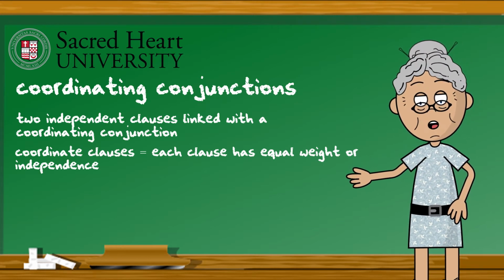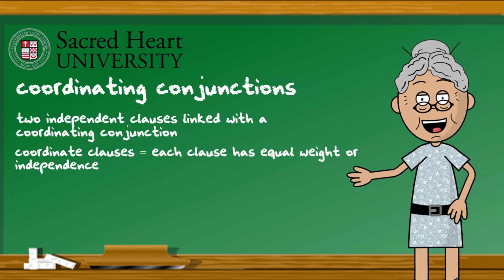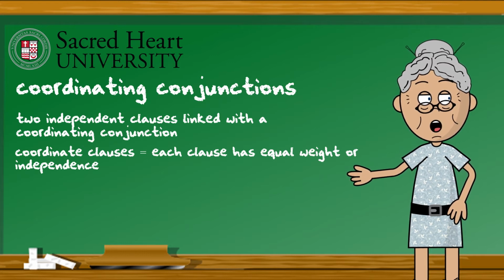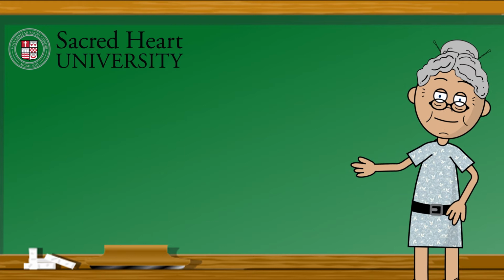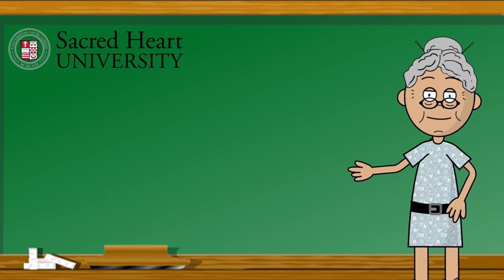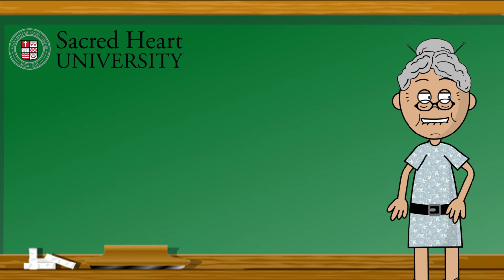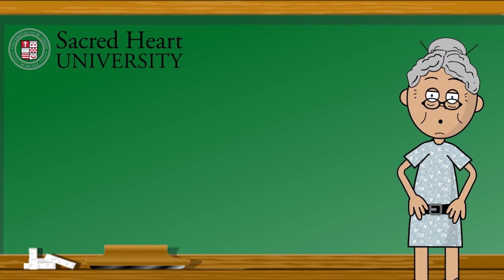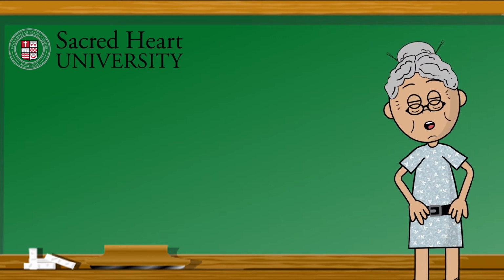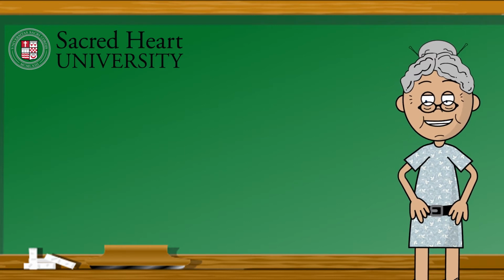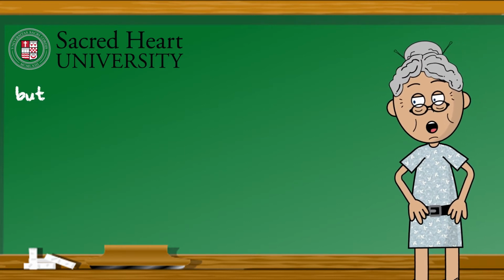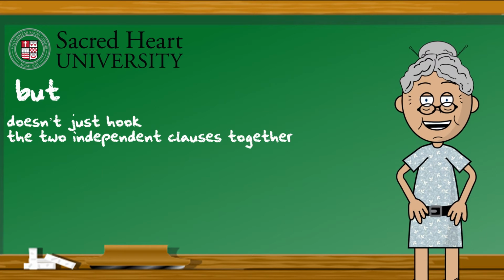Why bother, you might ask? Why bother to make a complex sentence when you could use two simple sentences to say the same thing? Well, there's a reason, my dears. See if you can guess why the complex coordinate clause sentence is more elaborate than the two independent sentences separately. You see, the conjunction but doesn't just hook these two independent clauses together.